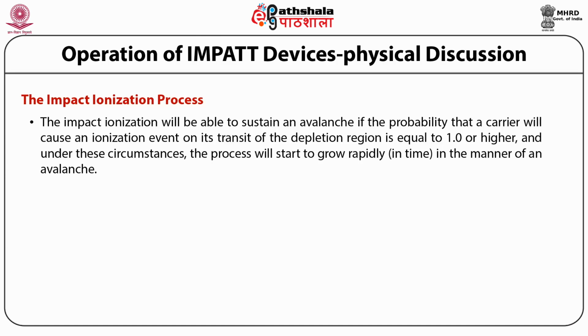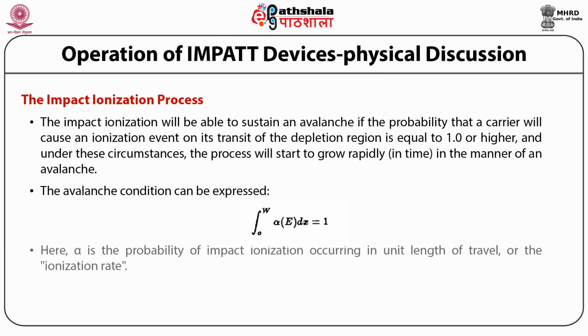So we can express the avalanche condition as the integral from 0 to W of alpha dx equal to 1. Here alpha is the probability of impact ionization occurring in unit length of travel, or the ionization rate. The units are usually centimeter inverse.